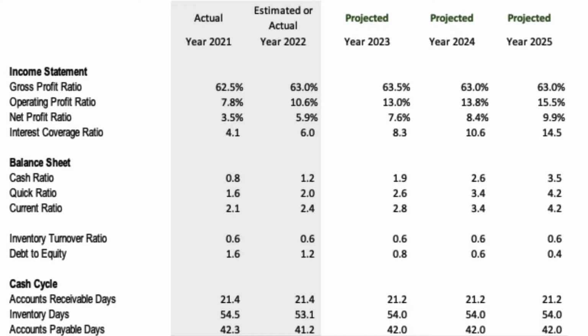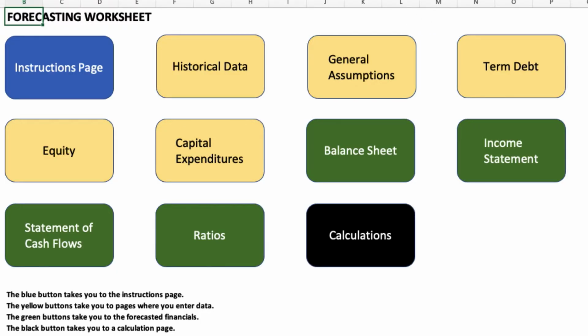The specific ratios that are important for your company might be a little different, but these are some common ones. All right, now that we've seen what the end should look like, let's get going.